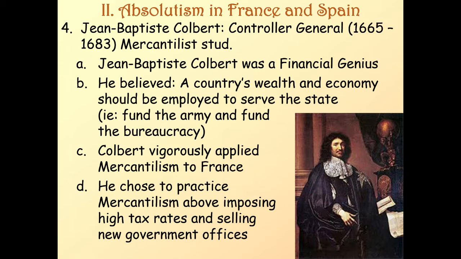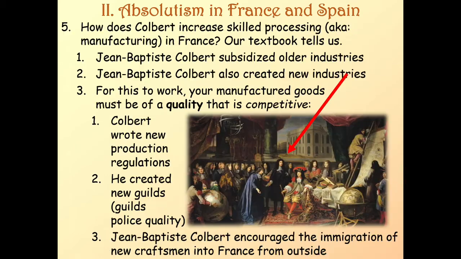He chose to practice mercantilism instead of imposing a high tax rate on the people, and instead of selling those new government offices. He thought mercantilism was a much, much better and sounder way of funding the army, funding the bureaucracy, and centralizing power.